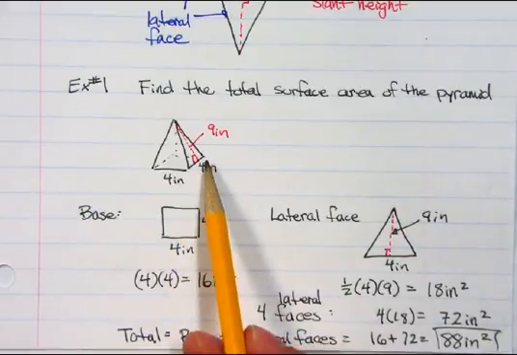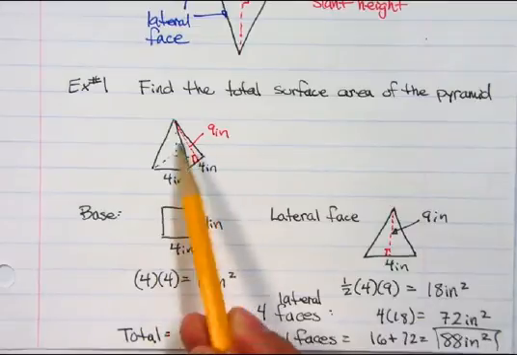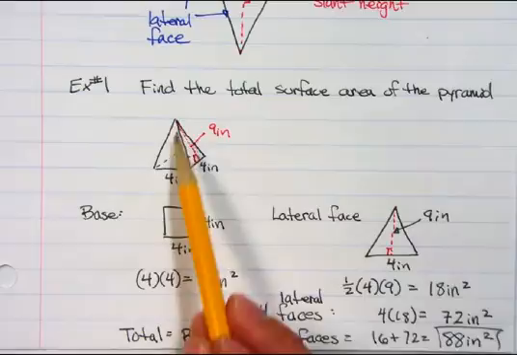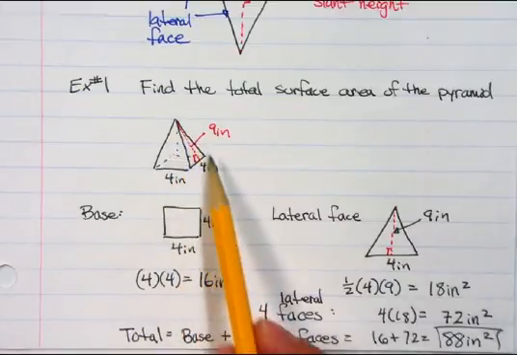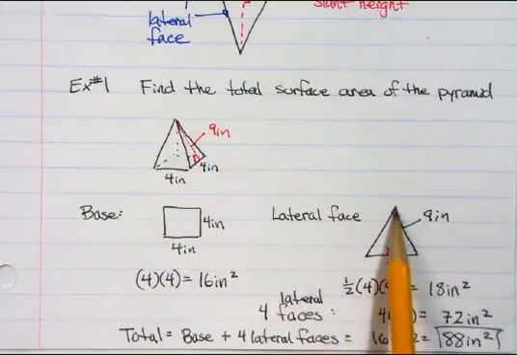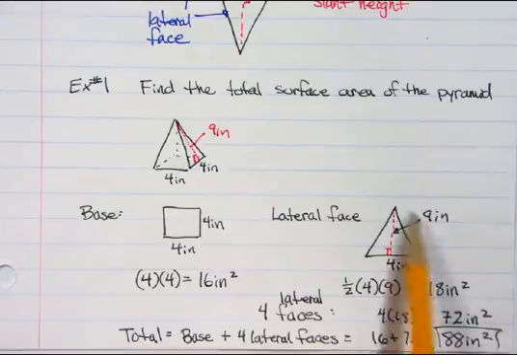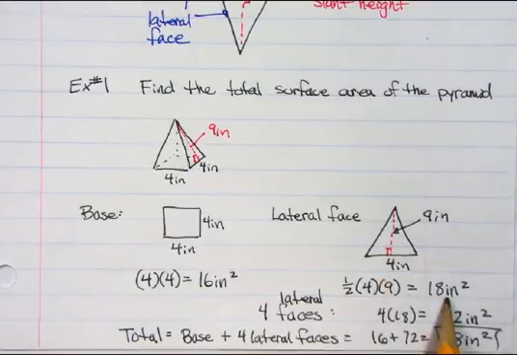Next, I take a look at one of the triangles that's kind of on its side. Well, the slant height, not the height of the pyramid, but the slant height happens to be 9 inches, which is actually the height of the triangle. The base I already know is 4, so I can use the formula for a triangle to find that the area of this particular triangle is 18 square inches.